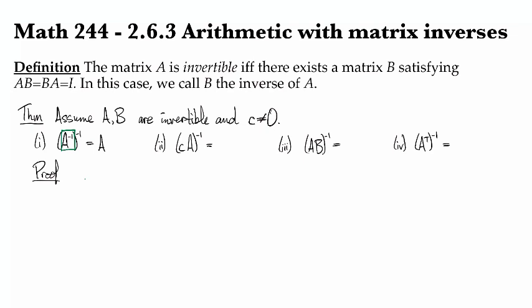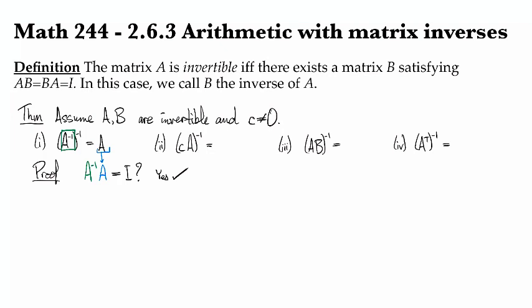So let's write the guy in the green box and say, is it true that if I take this and multiply it, I get the identity? And you say, well, yes, that's exactly the definition of A inverse. So yes, that one's totally fine.